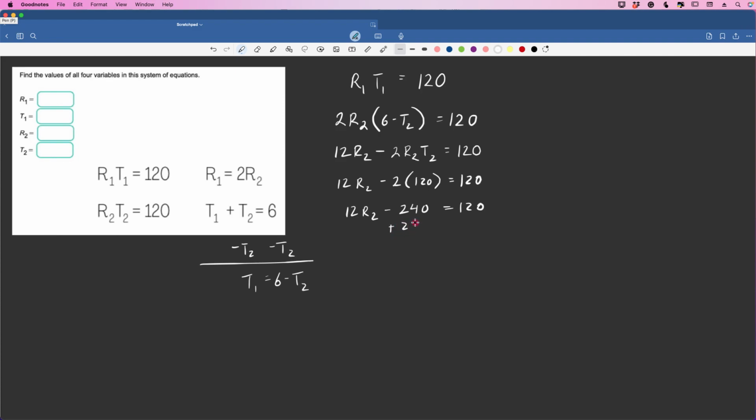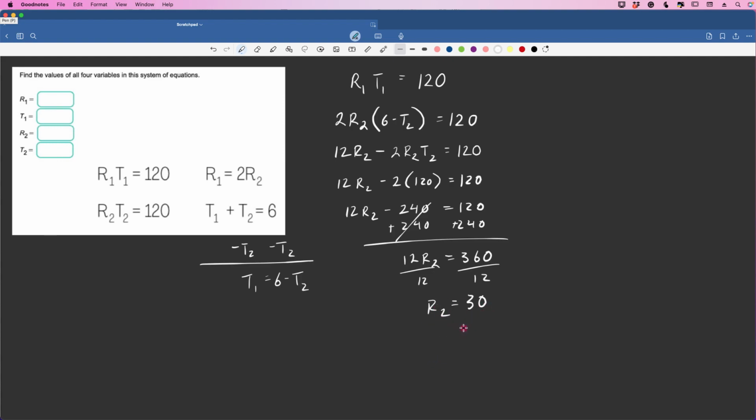If I add 240 to both sides, 12 times R2 is equal to 360. So if I divide both sides by 12, R2 is equal to 30.